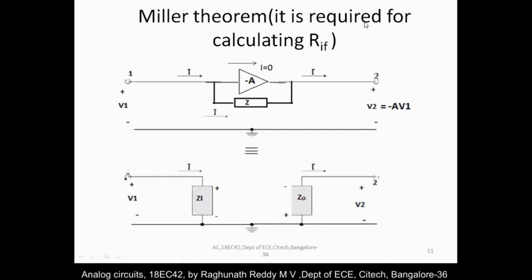Miller theorem is required for calculating input impedance with feedback. If any impedance or resistance is connected from the input port to the output port, part of the resistance will be contributed on the input side as Zi, and part of the Z will be contributed to the output side as Z0. We have to calculate Zi and Z0, called Miller resistances.